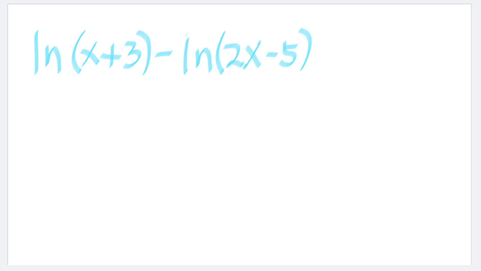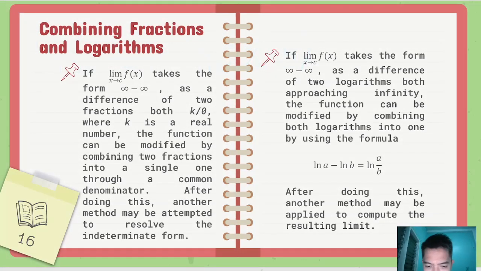So by the rule according to the one that we have discussed a while ago, we know that ln of a minus ln of b is equal to ln of a over b.